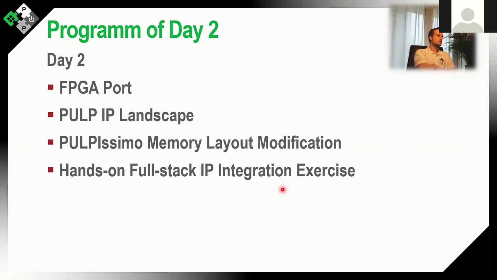So not only will you see how you can wrap an arbitrary IP with a memory mapped interface using OpenTitan's Reggen tool, we'll also see how you can easily leverage the IPs from the register interface repository on GitHub to quickly generate an AXI interfacing register file for arbitrary IPs, and how you can integrate that into PULP SoC and attach it to the AXI crossbar in the SoC interconnect.